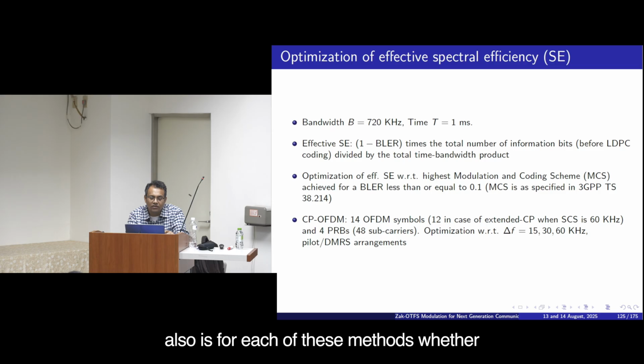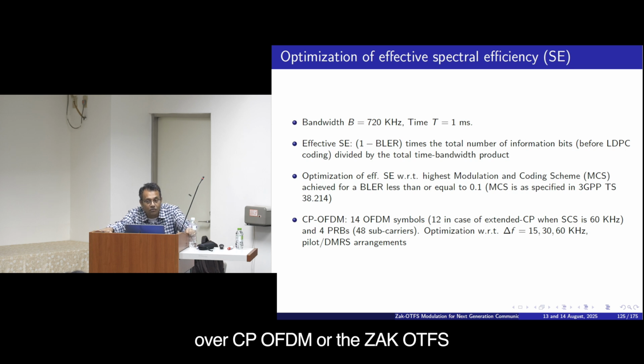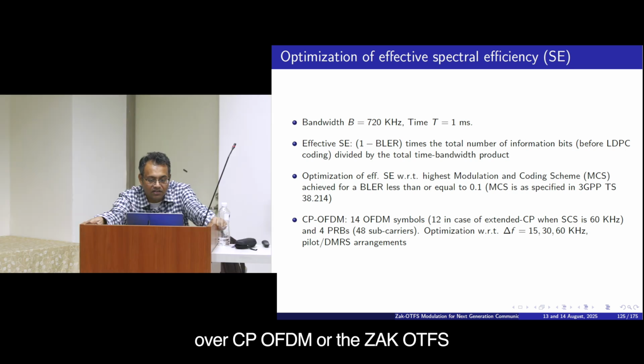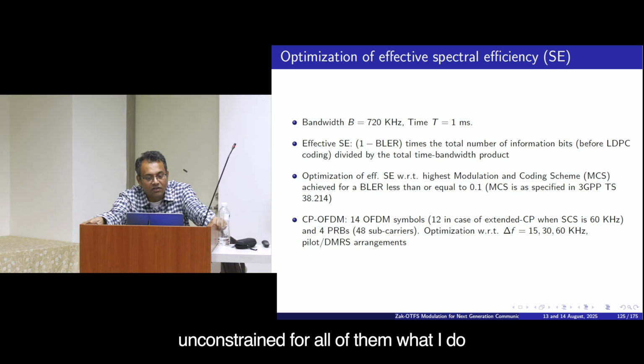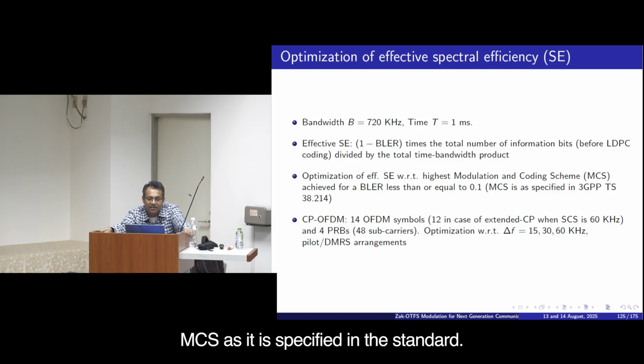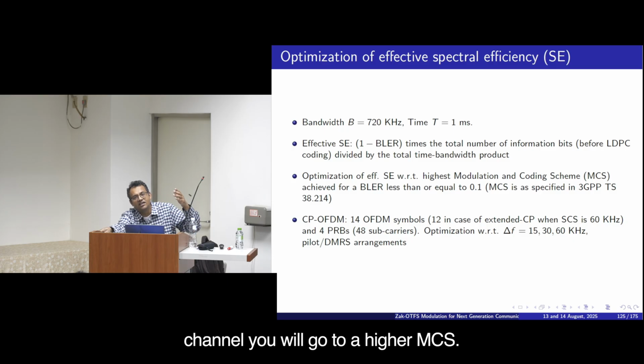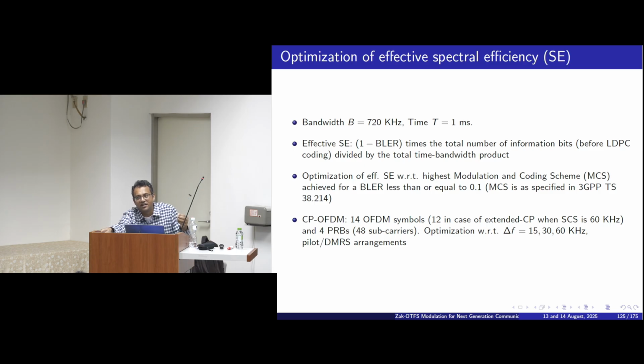So what we do also is for each of these methods, whether it is CP-OFDM, or ZAC OTFS over CP-OFDM, or the ZAC OTFS unconstrained, for all of them I also optimize the spectral efficiency with respect to the modulation and coding scheme, MCS, as it is specified in the standard. In the standard they have MCS 0 to 29. So when you have a good channel you will go to a higher MCS.